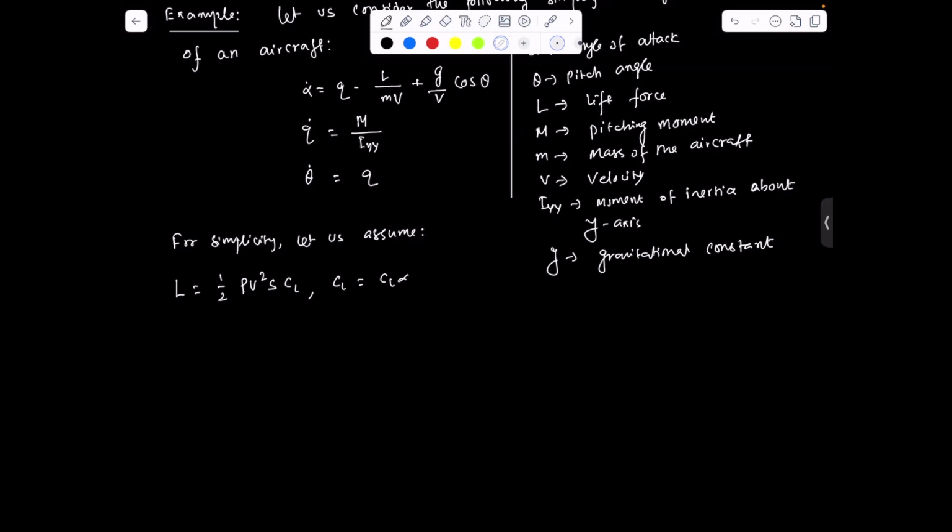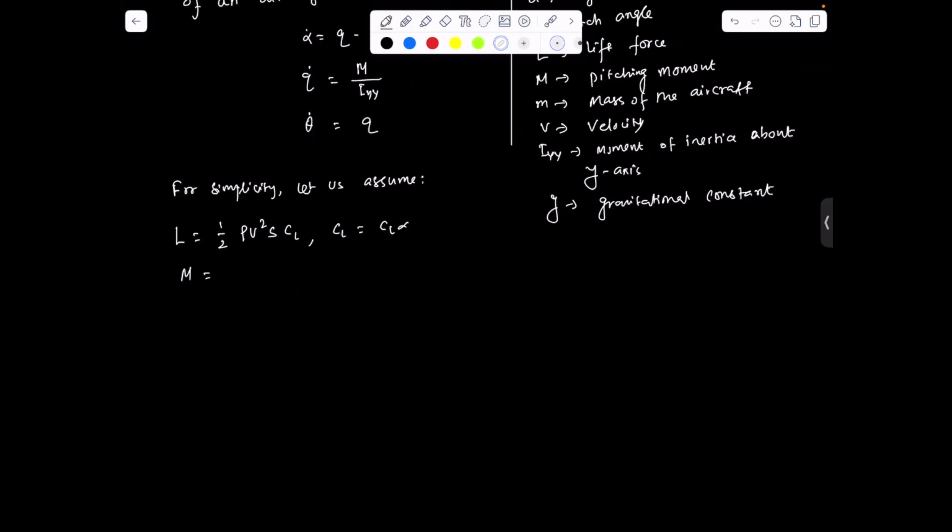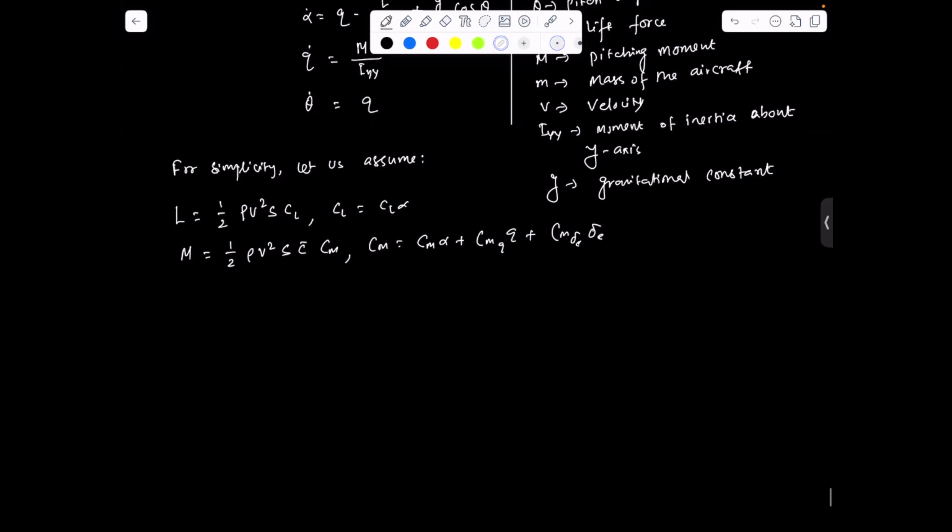And the total moment M is written as half rho V squared S c bar Cm, where Cm can be written as Cm alpha plus Cm q plus Cm delta E. Here delta E is the important control parameter we are going to design, which is going to provide the moment.